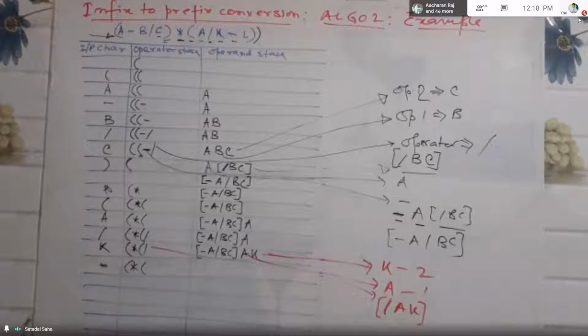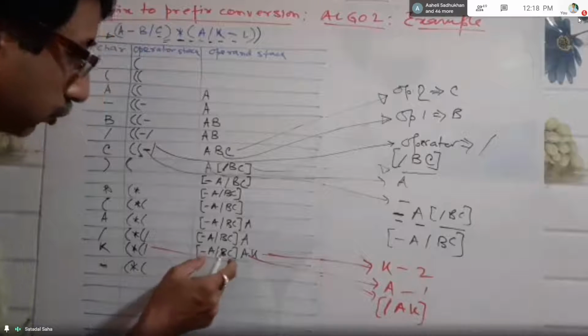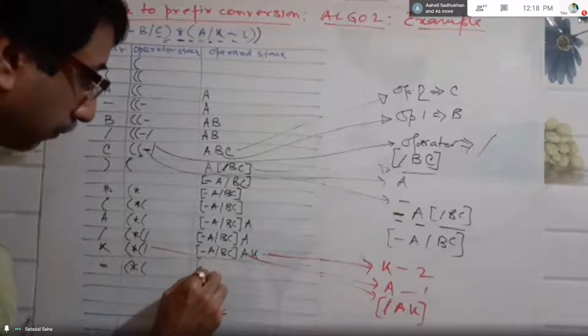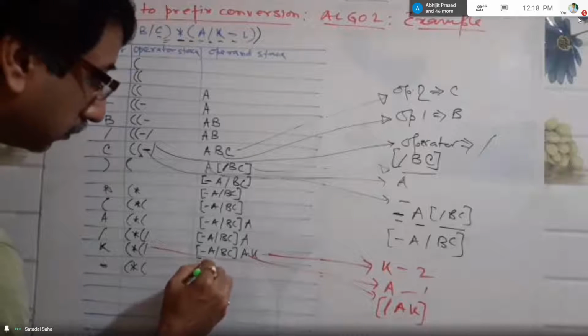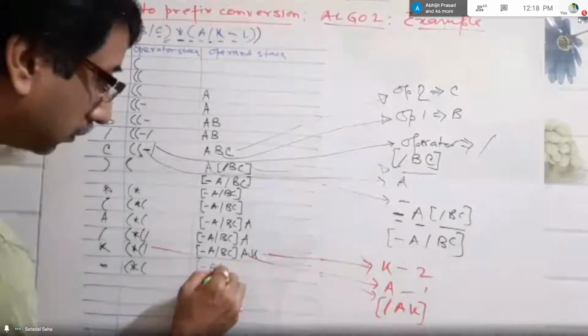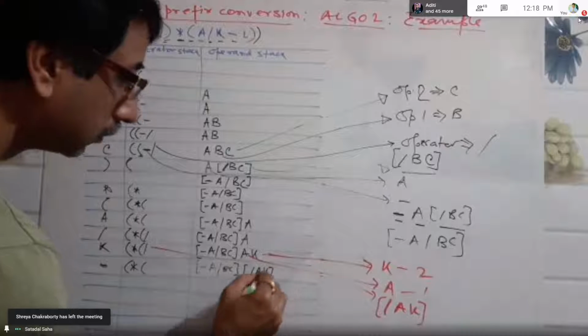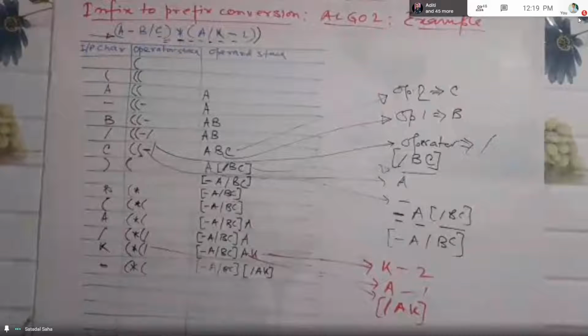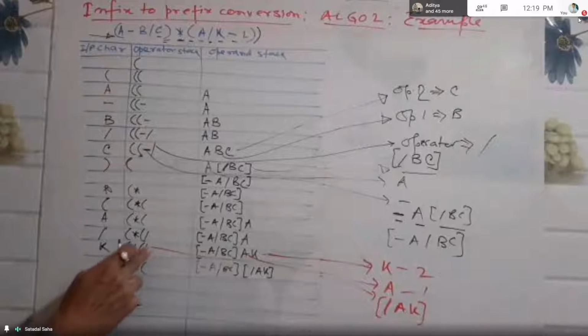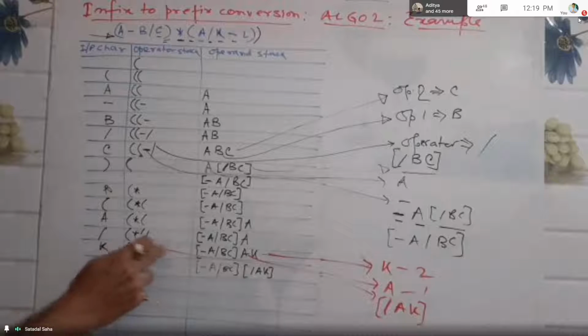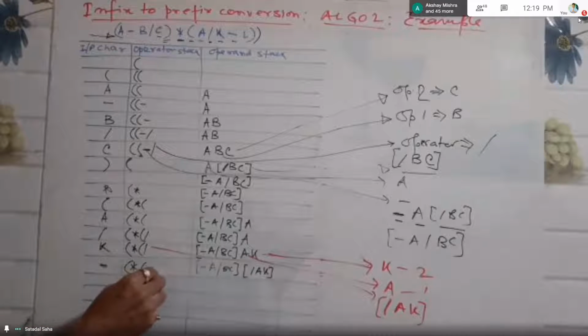Okay, so your result will be, this part is okay because it is not hampered. So minus, so this is the result. And here, after this popping, that is when division is popped, you can push this minus sign.